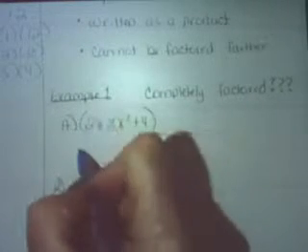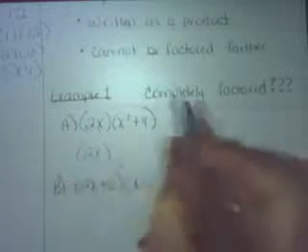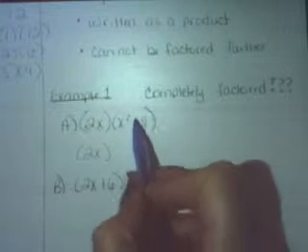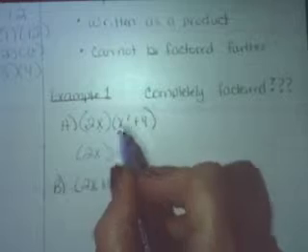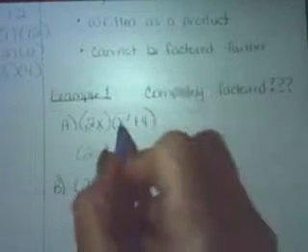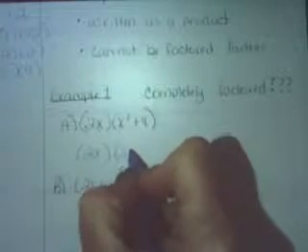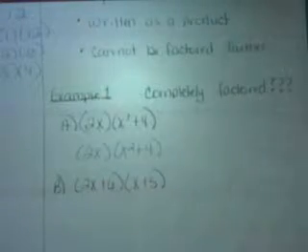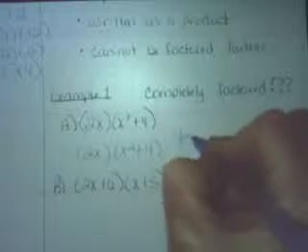No, I can't. It would just remain 2x. Can I factor anything out of x squared plus 4? No. Since this is addition, I don't have the difference of a perfect square because this is addition. It's not subtraction. Therefore, I can't factor anything out. So yes, it's already completely factored.